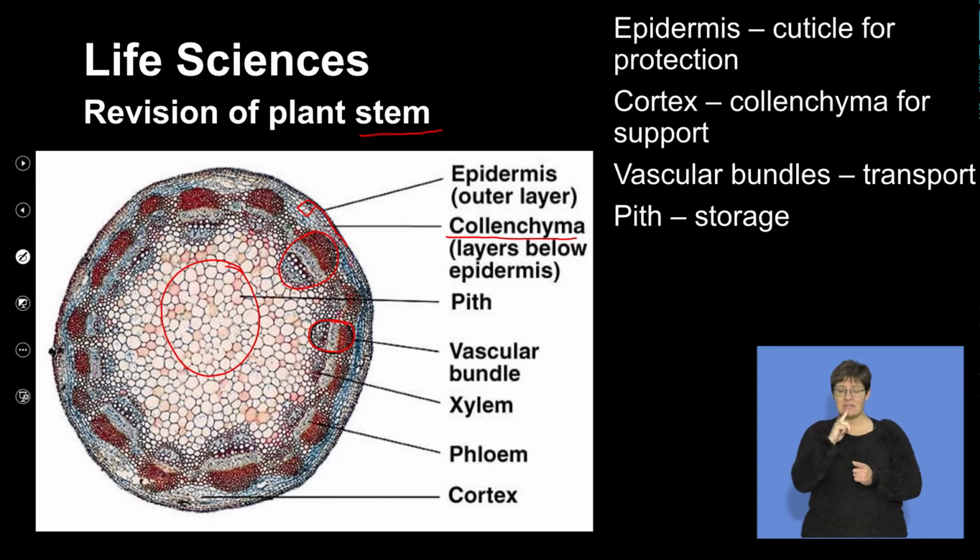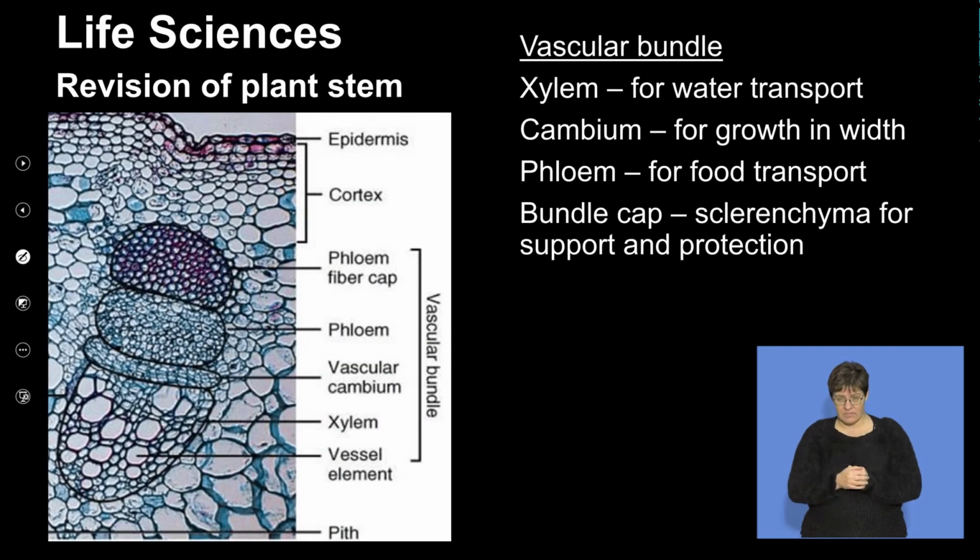We're now going to have a more close look at a vascular bundle inside a plant stem. This is magnified much more than the last picture, and we can clearly see the epidermis, and just underneath the epidermis in the cortex are cells with extremely thickened corners, and that would be your collenchyma.